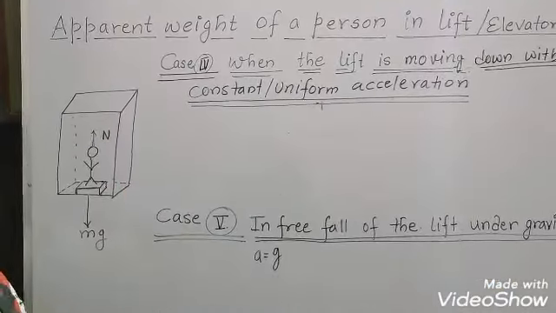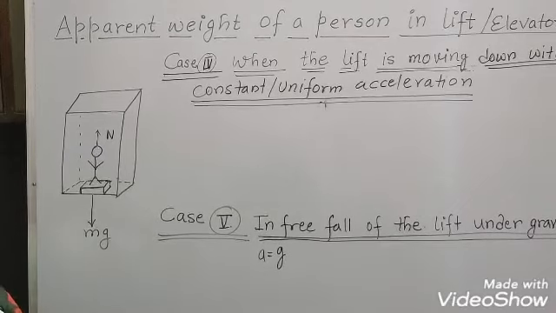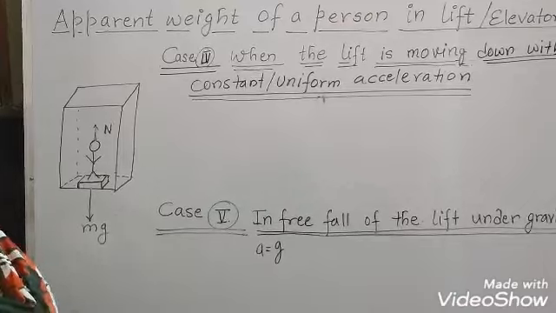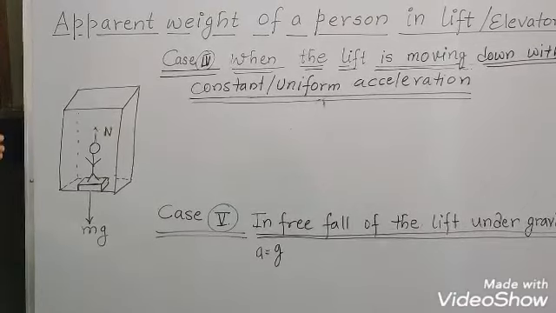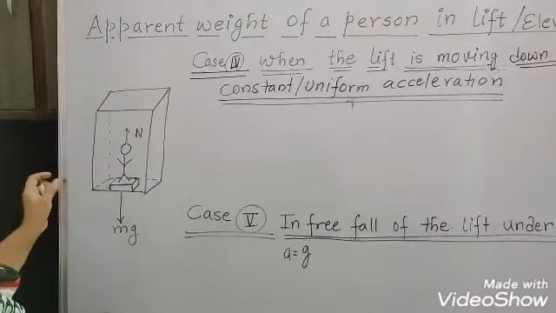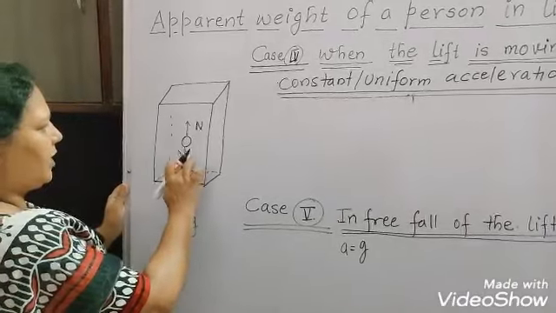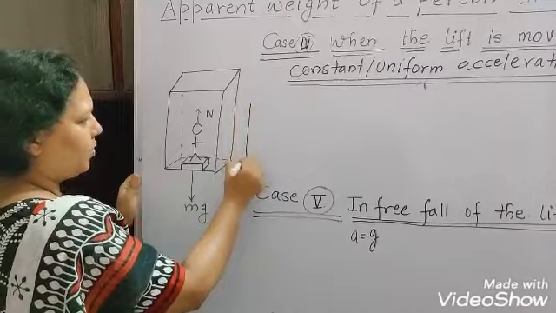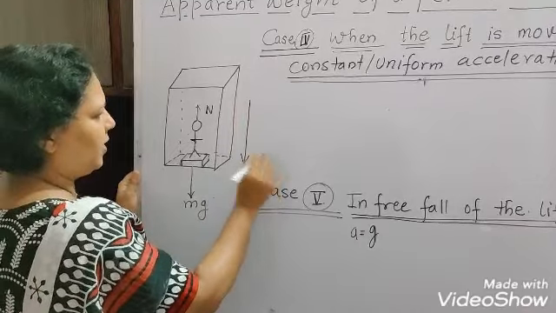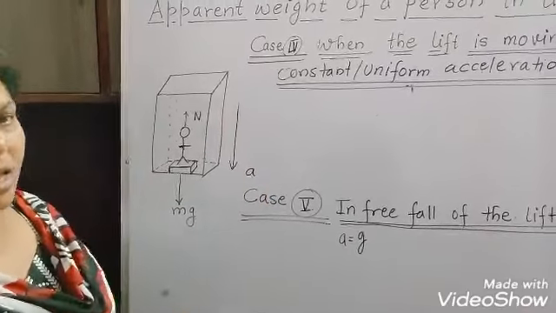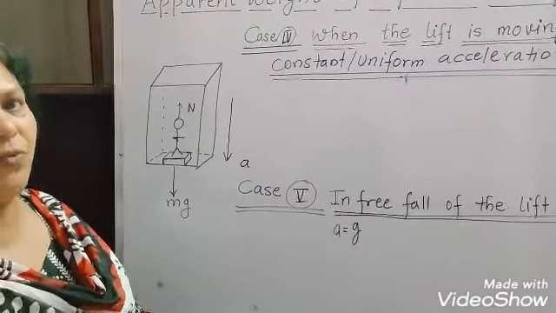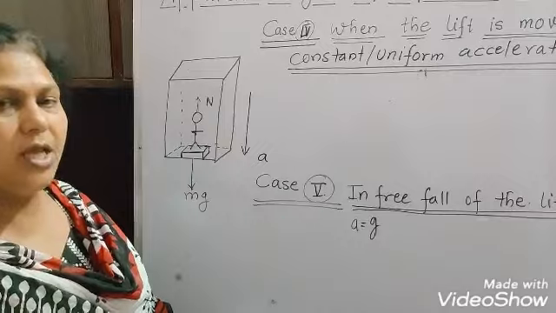We'll see the fourth case, when the lift is moving down with constant uniform acceleration. In this case, the lift is moving down with acceleration a. If it is moving down with acceleration a, obviously the velocity is not constant.